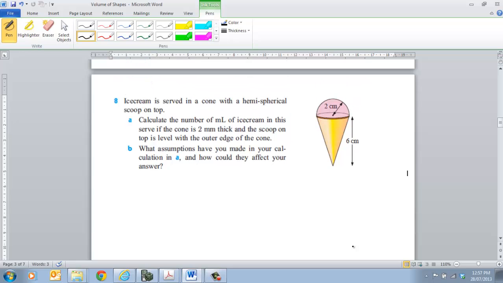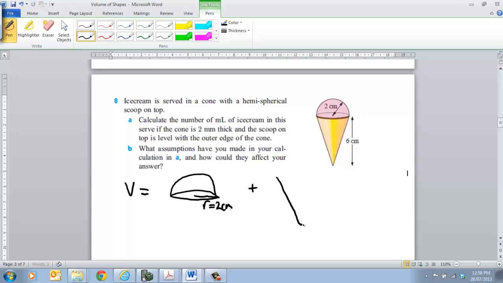An example out of your textbook is question 8, the ice cream cone. If we're thinking about the ice cream cone there, we need to consider the two shapes that we have here. So the volume of that shape is going to be the hemisphere, which has a radius of 2 centimetres, and then we've got a cone.